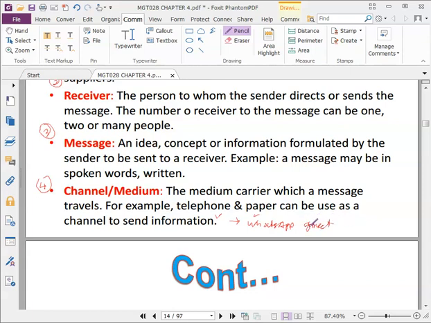Lagi apa kelak? Apa tu nama dia? Facebook. Okay. Email. Okay, email is also a medium for communication, right? Itu antara contoh-contoh media.